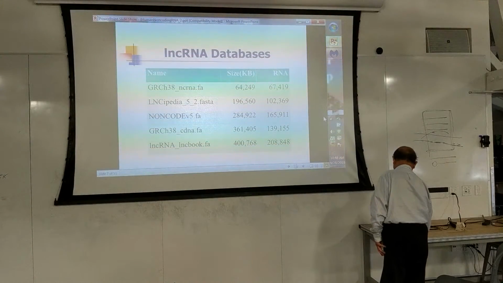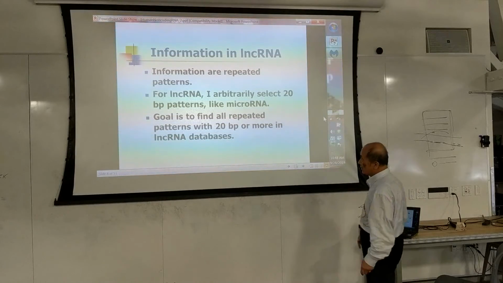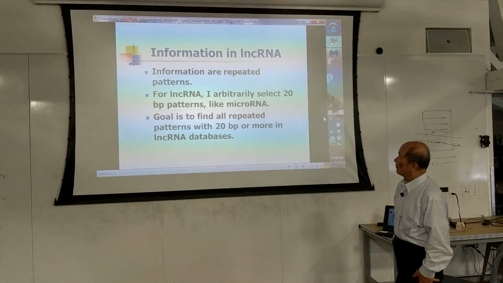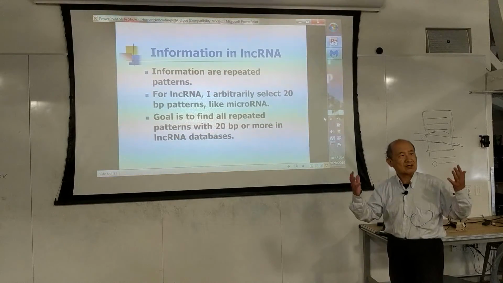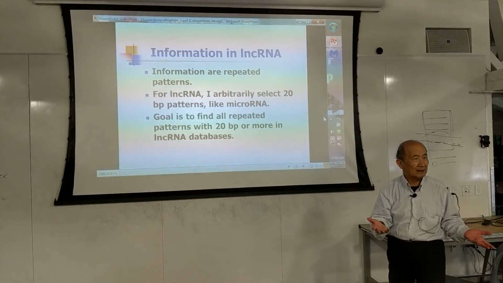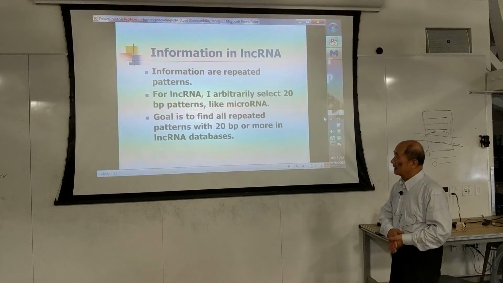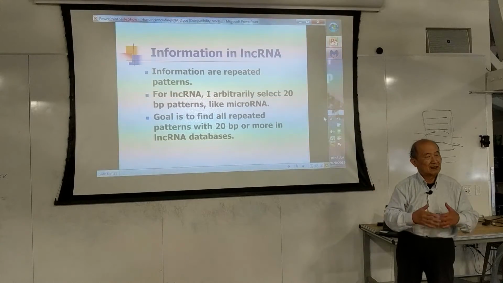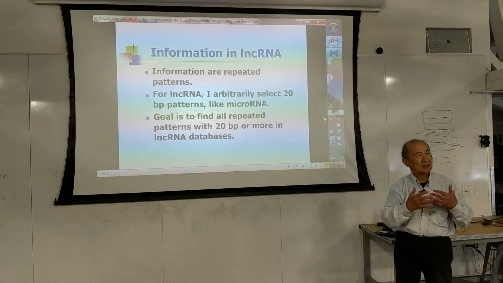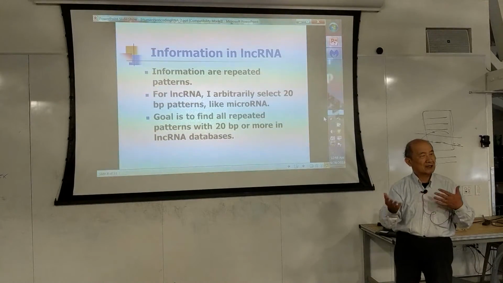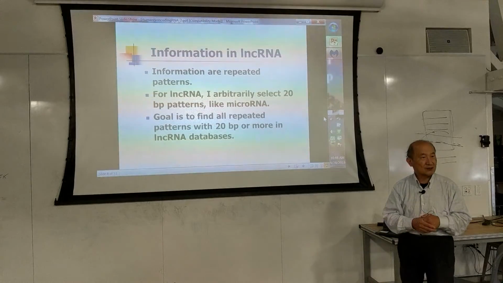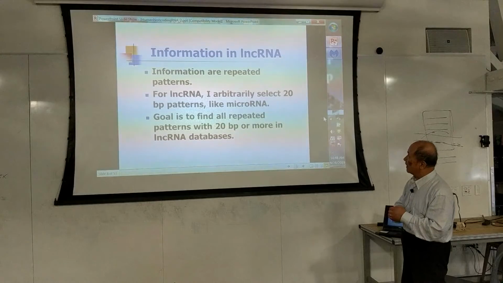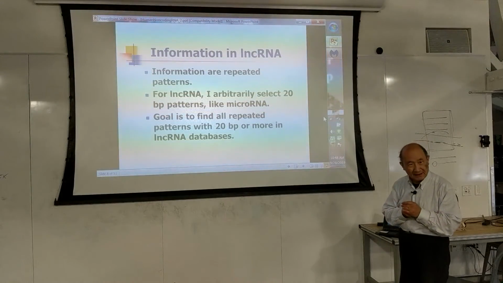So what do we know about information? What is information? In a big data set of anything, images, pictures, characters, text, in any big collection of data in any form, information is repeated patterns.